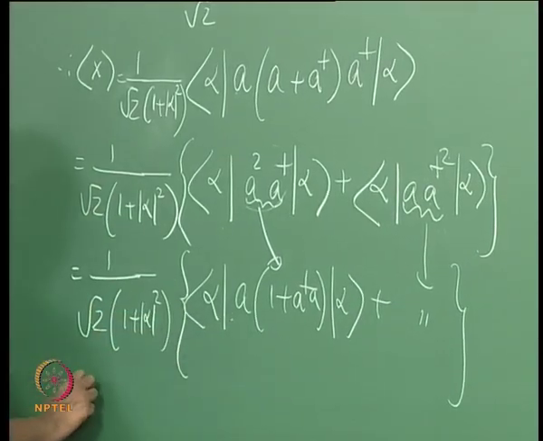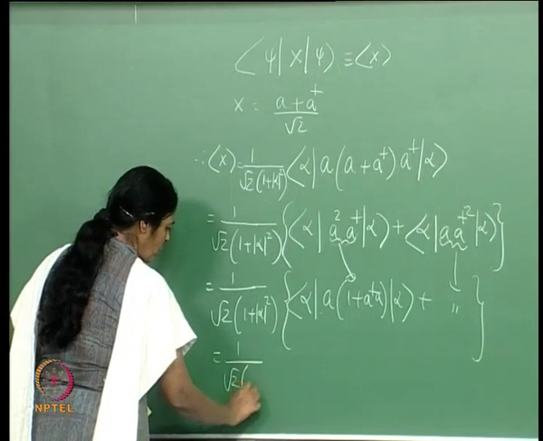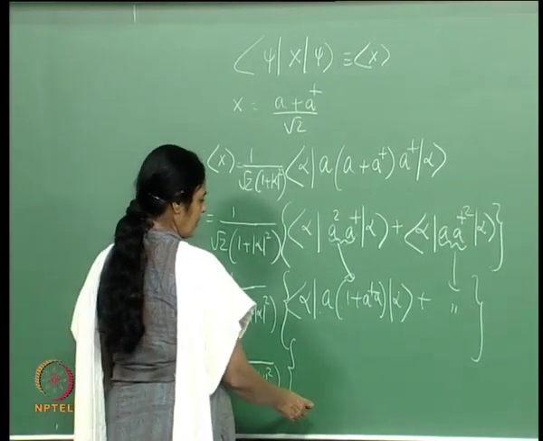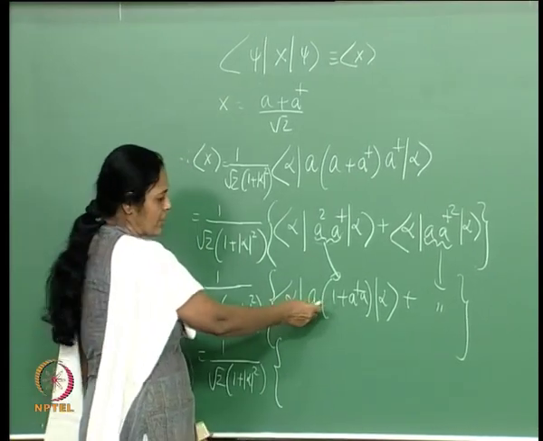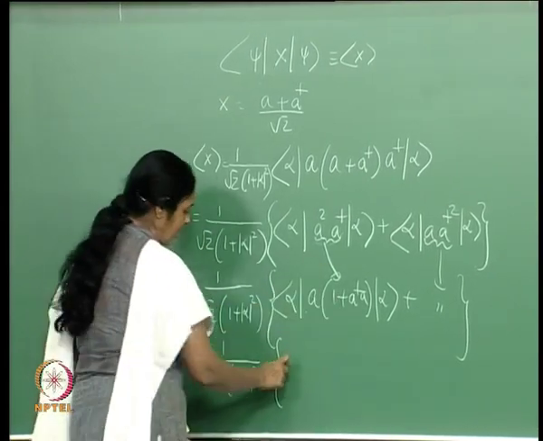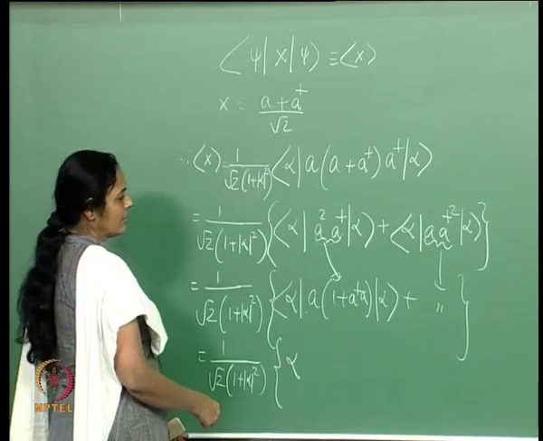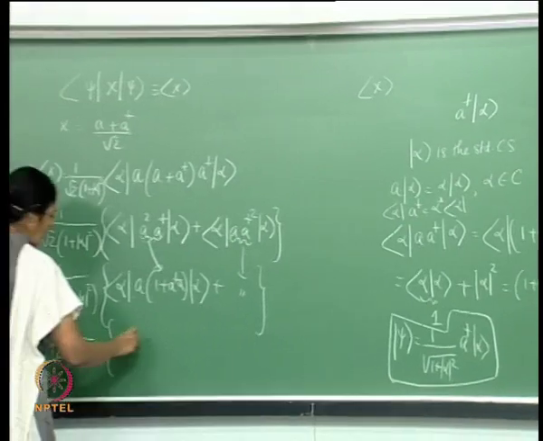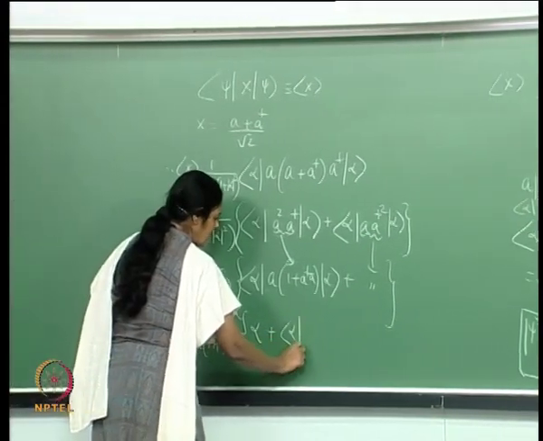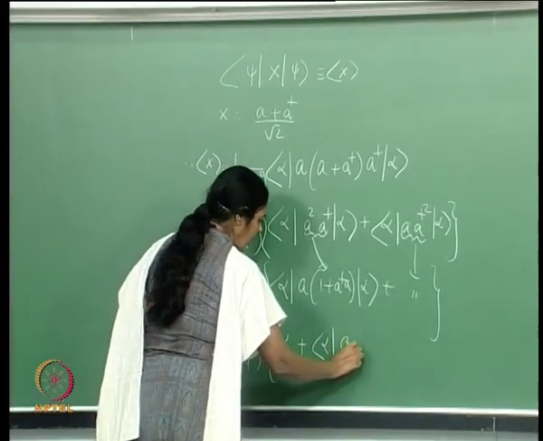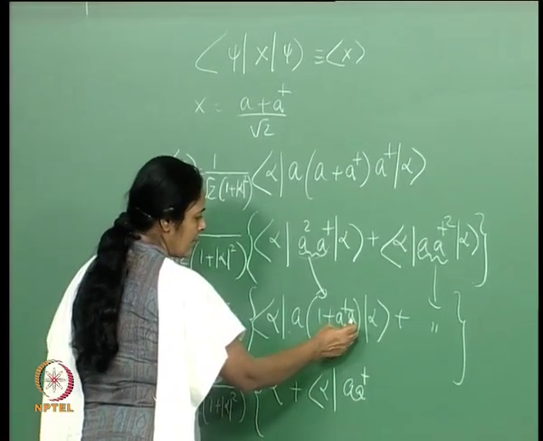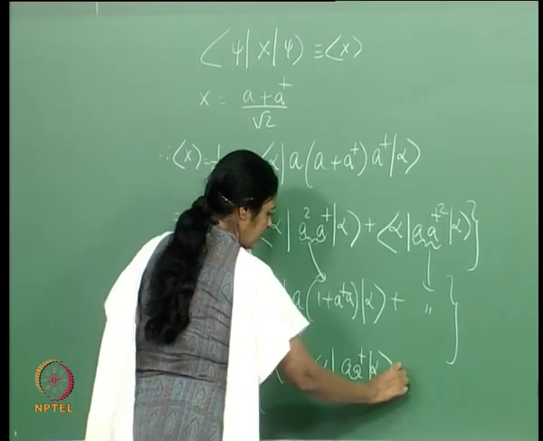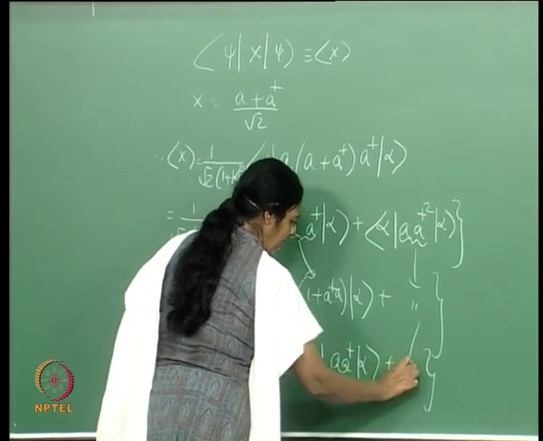And what do I get here? That is 1 by root 2 times 1 plus mod alpha squared. The first term is just the expectation value of A in the state alpha, and that just pulls out an alpha because of this property. The next is expectation value of A dagger. This A acting on alpha pulls out an alpha. So, that is what I have.